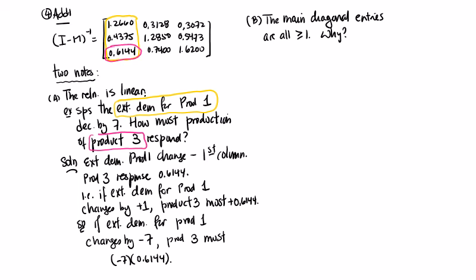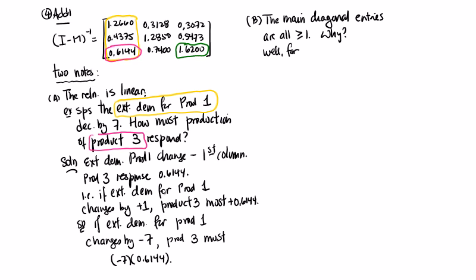Take a look at a specific example, 3,3. If the external demand for product 3 goes up by 1, what does sector 3 have to do? It has to produce that 1 unit for the external demand, but it also has to produce additional product for all of the internal demand.